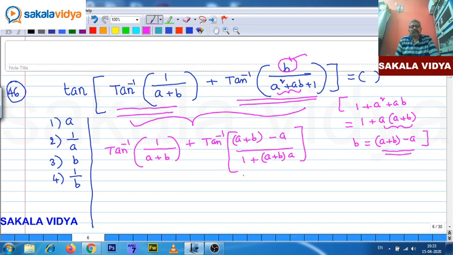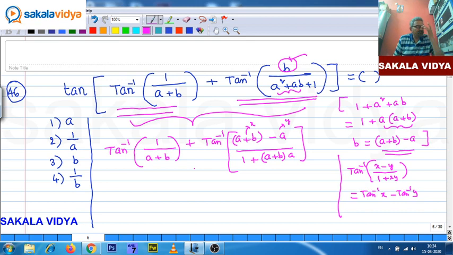Now, how does it appear? If you say this is x, this is y, then this will be tan inverse of x minus y by 1 plus xy, whose value equals tan inverse x minus tan inverse y.